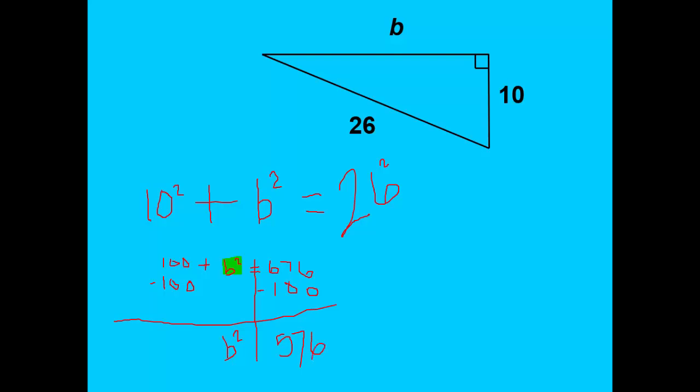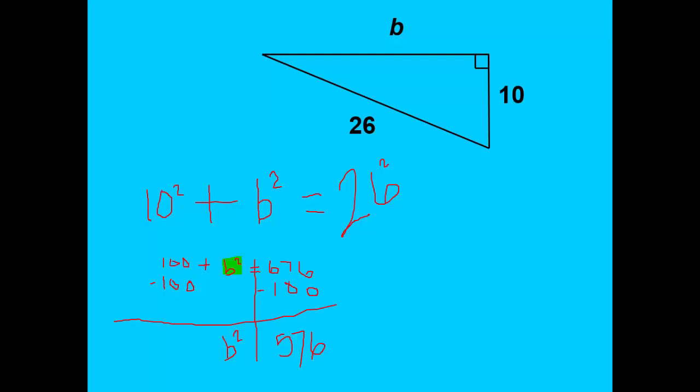So we need to know some number that multiplies by itself to give us 576. When we are thinking about this particular equation, we know that 26 squared is 676. So we can use this time to start using a process of elimination if we do not have our calculator. I know that it is going to be lower than 26.